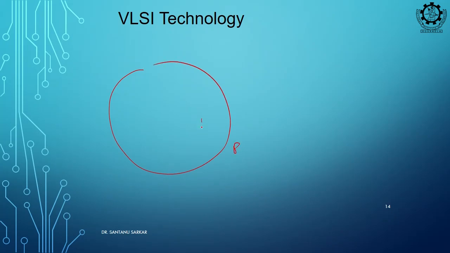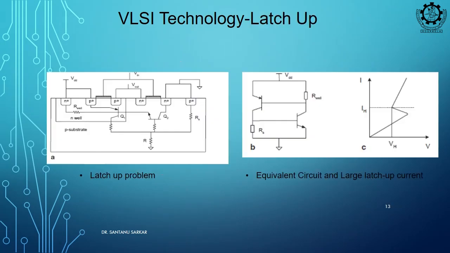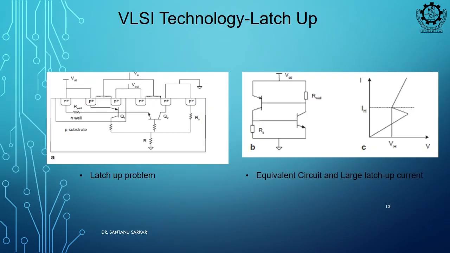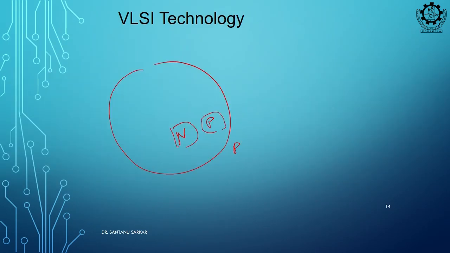Now, suppose this region is for NMOS, and this region you want to make for PMOS. So, in this region what you will do? You will make a well and this well should be of N type. So, as if this becomes an island, okay. So, suppose this full is my P substrate.